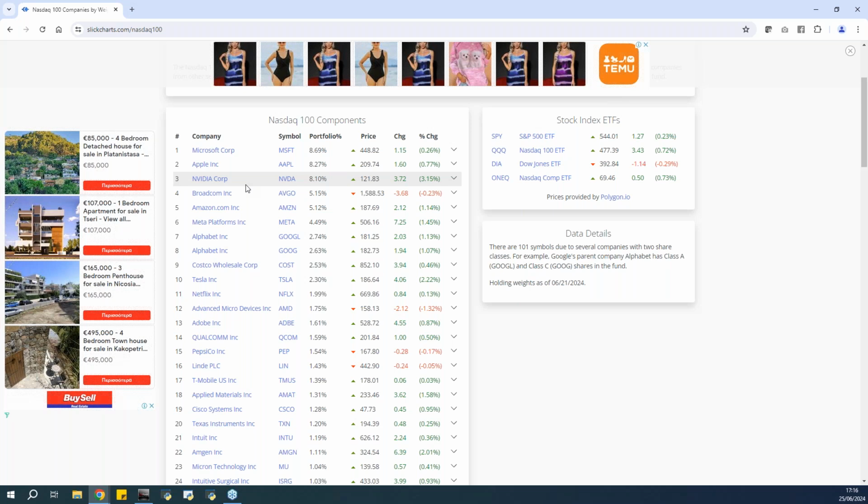In the financial trading market, we know this as index weight. And the weights you can see here. So from the 100 stocks in the NASDAQ index, more than 8.5% is made up of Microsoft. More than 8% is made up of Apple. More than 8% made up of NVIDIA, Broadcom 5%, and so on.